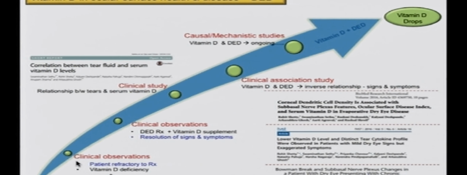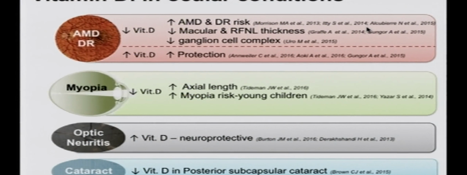It all started, like any research, as a clinical observation. Then we started looking at whether giving supplements will work. Then we looked at the inverse relationship between dry eye disease and neuropathic pain, pain without stain, where the patient is very uncomfortable but not showing signs. And then probably the future is if you can reach a stage where you can find some therapeutics which is local, because it is a local problem driven by a systemic condition.